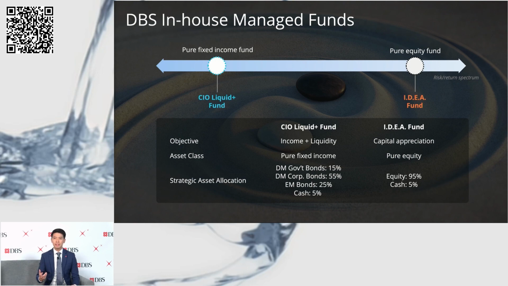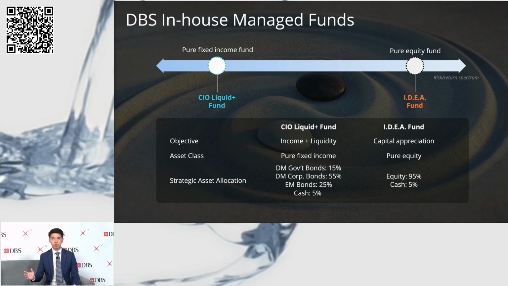So on this slide, you can see the risk-return spectrum. As we understand, as investors, the more risk you take, the more potential return you can earn. On one end of the risk-return spectrum, we have the DBS CIO Liquid Plus Fund. This is a pure fixed income fund that seeks to deliver to our clients the best of both income and liquidity.